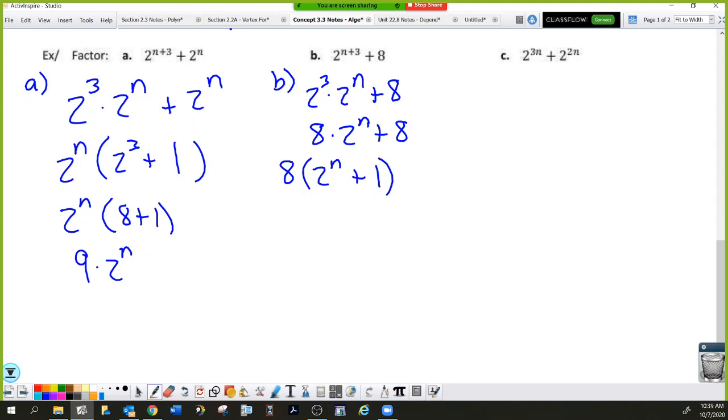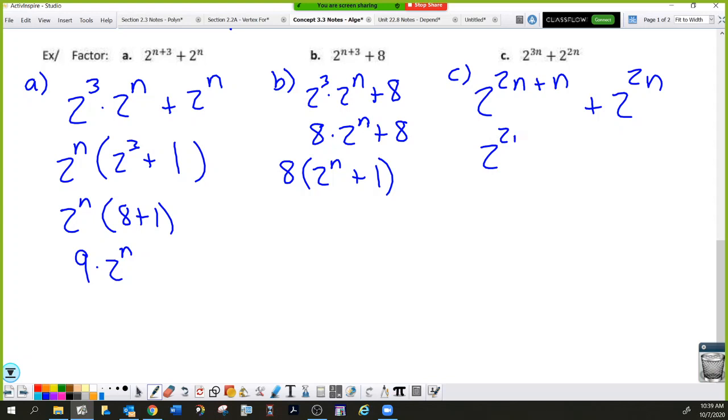Okay. You guys were comfortable with what I did in part A and part B, where I had that 2 to the n plus 3, so I separated that into 2 to the n times 2 to the third? That was cool, right? Well, then why don't I call 3n 2 to the n plus n? Which can be rewritten.